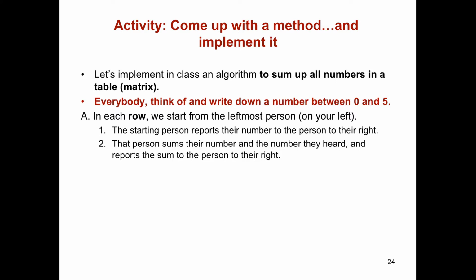71 is the total. So what did we have at play here? I came up with a way to sum up all of the numbers here. Is this the only way to do that? No. There's multiple ways. We could have gone by columns and so forth, right? So what I designed is an algorithm.